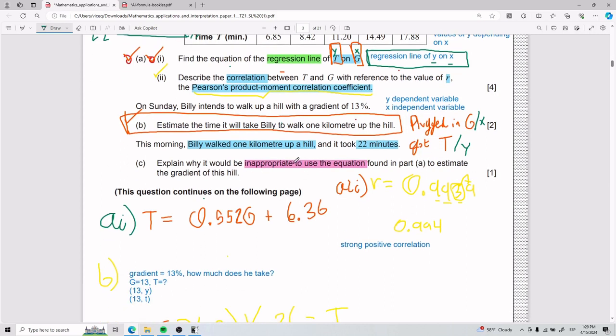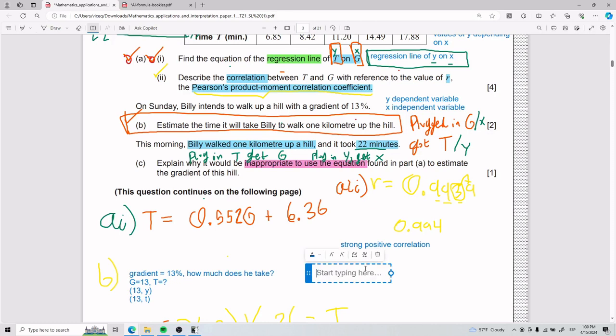For part C, what you would be doing is plugging in a T, because of 22 minutes, to get a G, which is the same as saying that you plug in a Y to get X. And so that is one thing that you can pretty much always use for these sort of exercises.